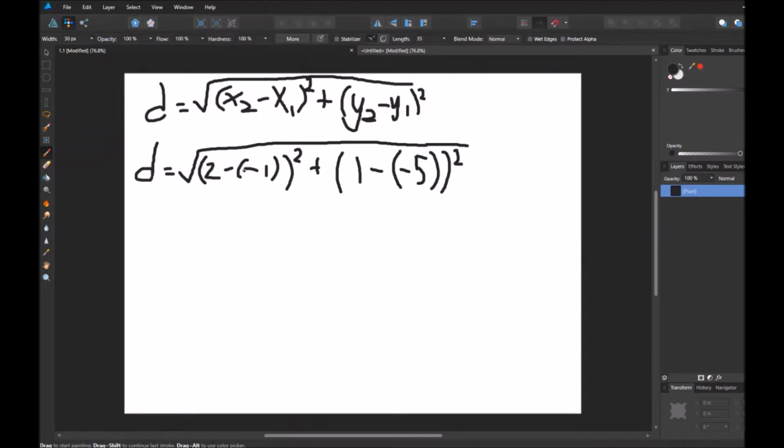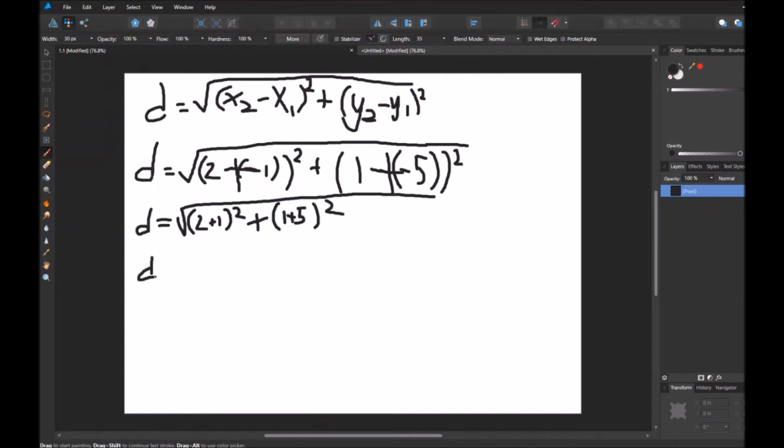And so 2 minus a -1 is the same thing as 2 plus 1, and 1 minus a -5 is the same thing as 1 plus 5. So in the next step we have 2 plus 1 squared plus 1 plus 5 squared. So 2 plus 1 is 3, and 3 squared is 9.